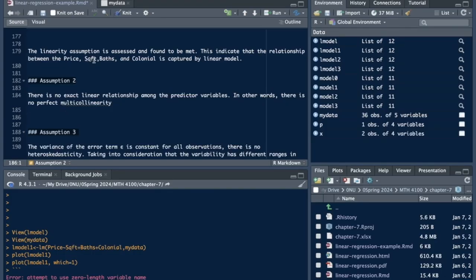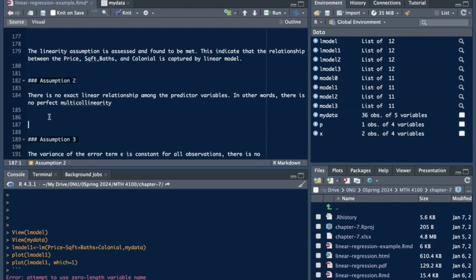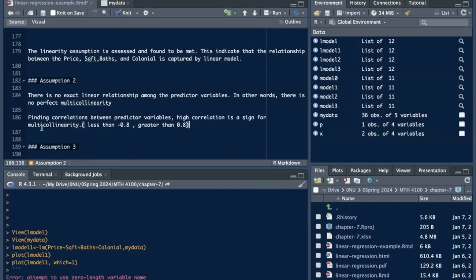High correlation is going to be a sign for multicollinearity. How high? Above 0.8 or less than negative 0.8. In this case, we are going to consider that we have a multicollinearity issue. We have a relationship between two variables, and that means we have an issue. So this is the test that we're going to do, just the correlation.